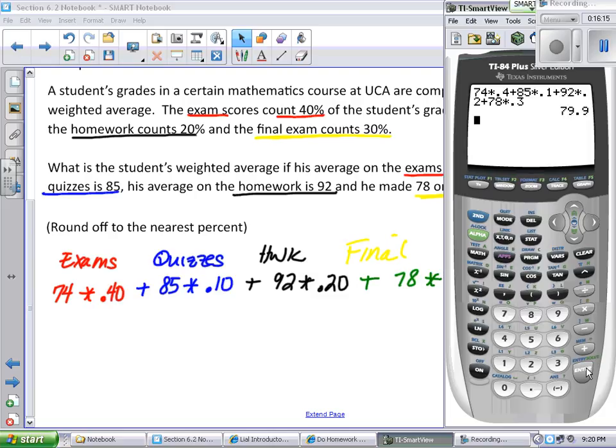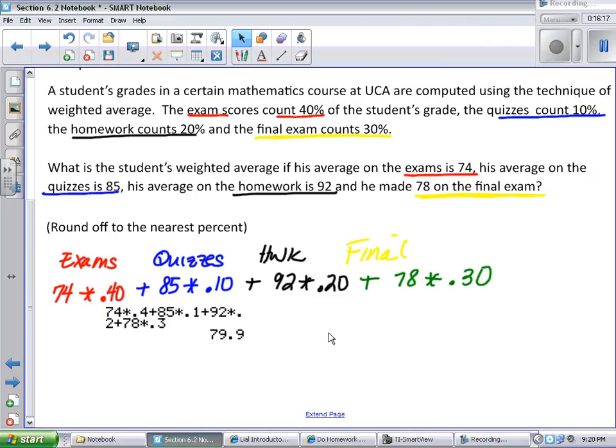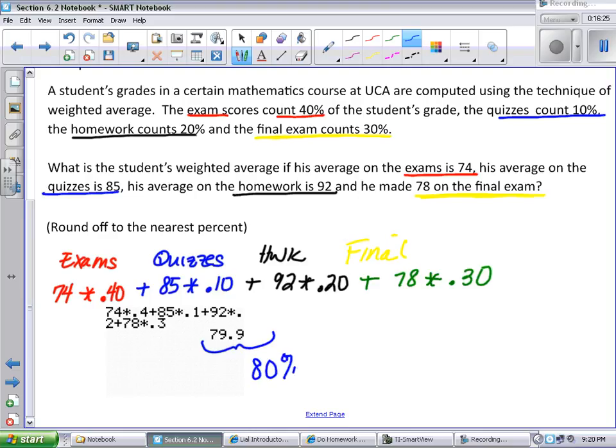If I add all those up, the weighted average is 79.9. If I round to the nearest percent, it's an 80%, which in my class, if I'm doing a percentage grade like this, that would be equal to a B. Okay, so this student has an 80% course average.